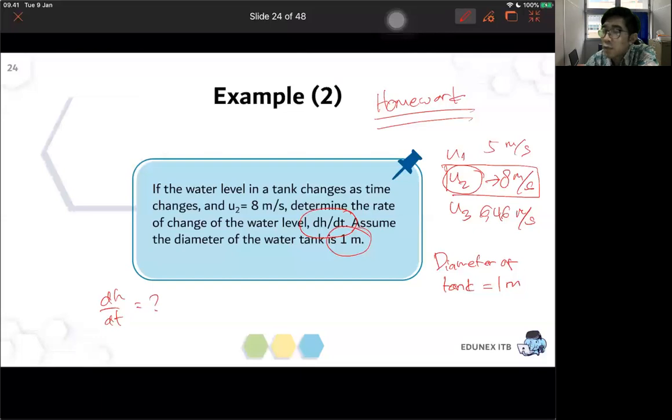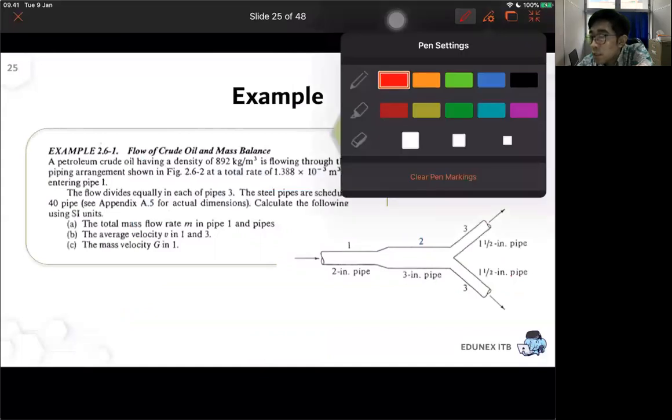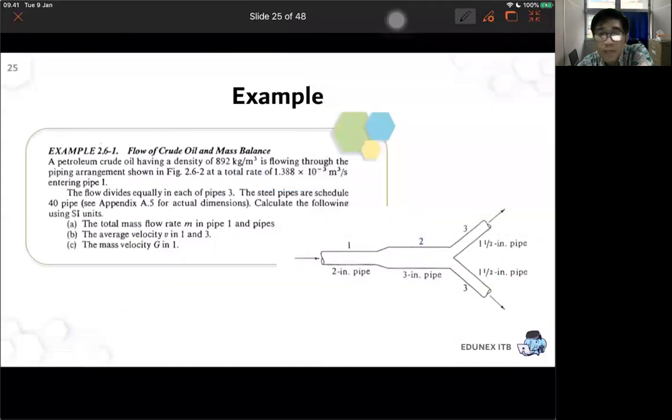Okay, now we have another example. This one is the branch of the pipe. So we use the concept of the nominal pipe size.